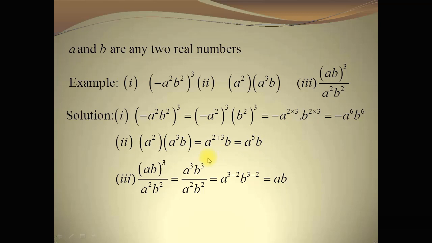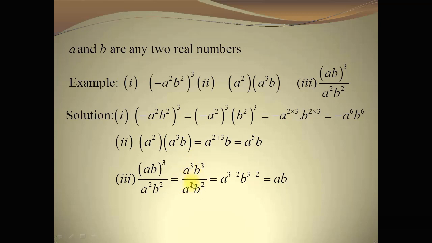Now in the third example we have the quotient law. In the numerator we have ab whole power 3. Here ab whole power 3 means the power is 1 for a and the power for b is also 1. So using the power law, 1 multiplied by 3, we get a power 3, and for b, 1 multiplied by 3, we get b power 3, divided by a square into b square.